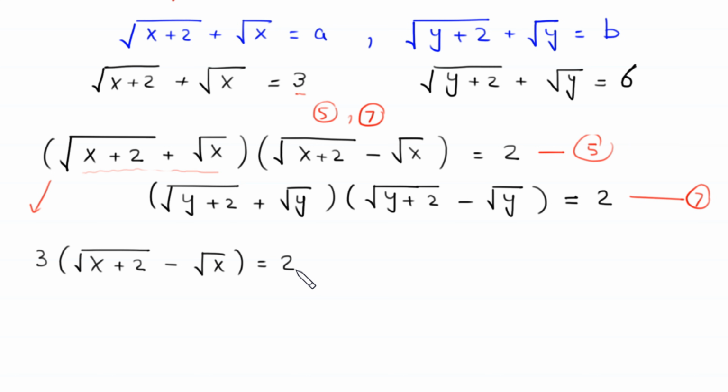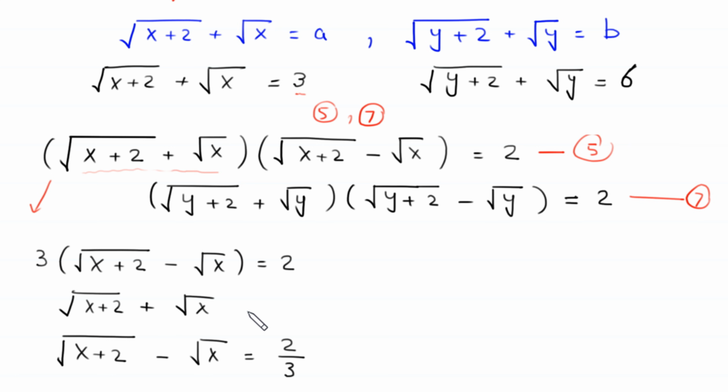And if we divide both sides by 3, this will become root x plus 2 minus root x is equal to 2 over 3. And we subtract this equation from this equation. So we copy this equation here, root x plus 2 plus root x is equal to 3. And we subtract.